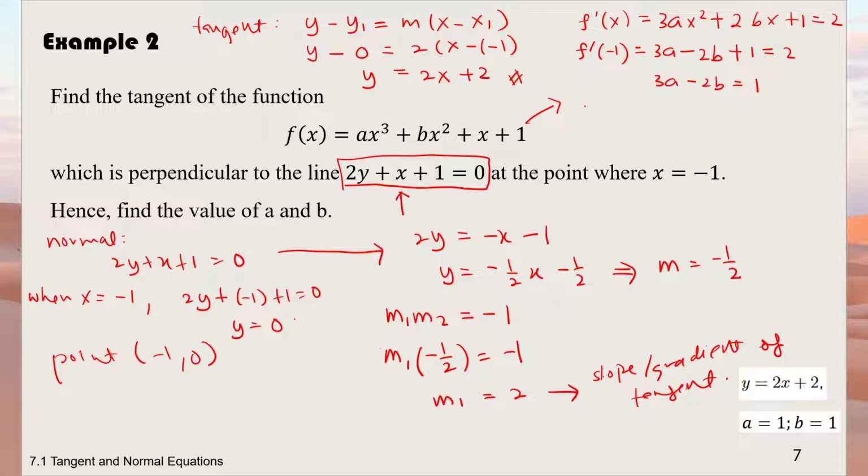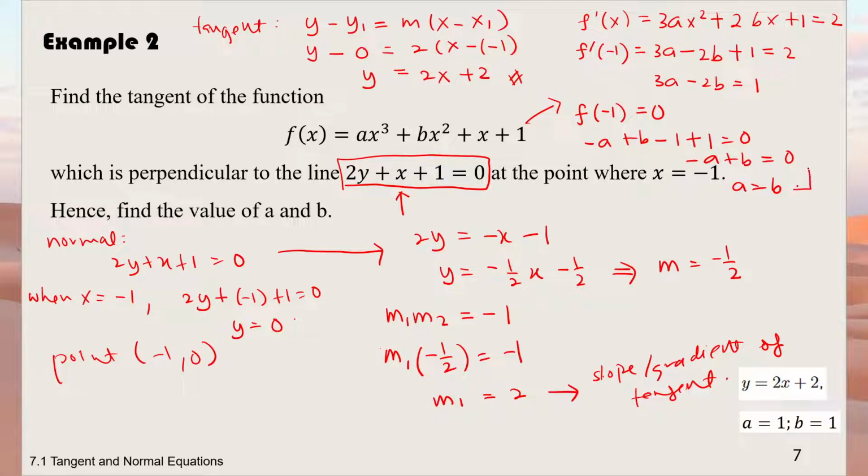And then the second thing is when x equals negative 1, f must equal 0, because they are sharing the same point. Okay, now I substitute negative 1 into my original equation. So I have minus a plus b minus 1 plus 1 equals 0. So now minus a plus b equals 0, or a equals b.